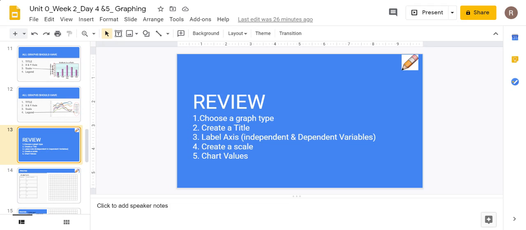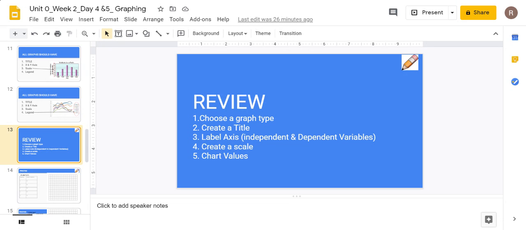It needs to be straightforward and to the point and should not be very long. You need to label the axes, okay? First of all, as independent and dependent variables, and then create a scale using the numbers or the data that you collected. And finally, chart the values.